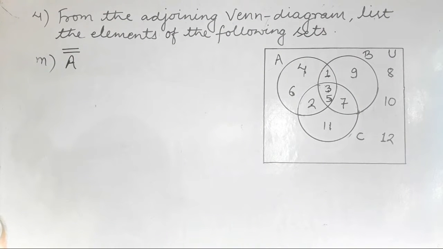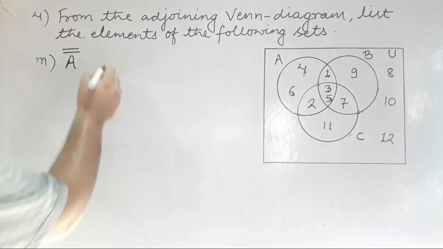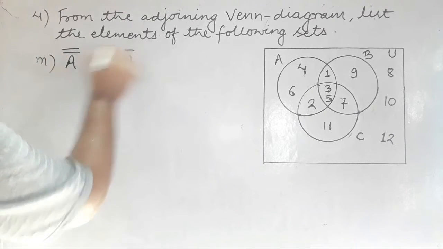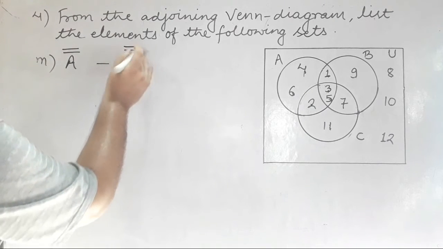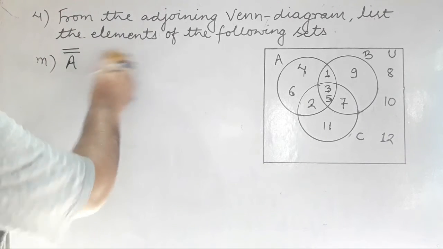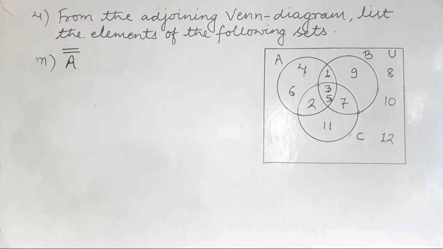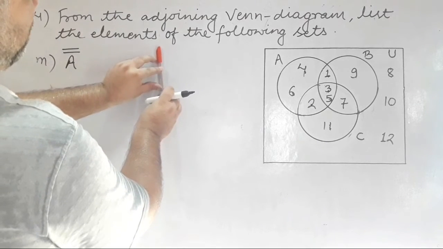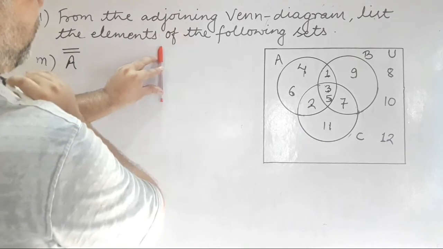A double complement, that is the complement of complement. If this is a complement, then the complement of this A complement is called double complement. Let me explain you by an example. Okay, this is a pen with a red cap upward.